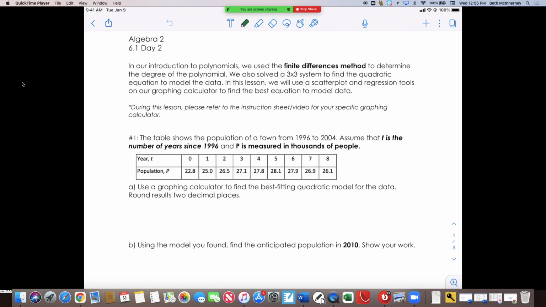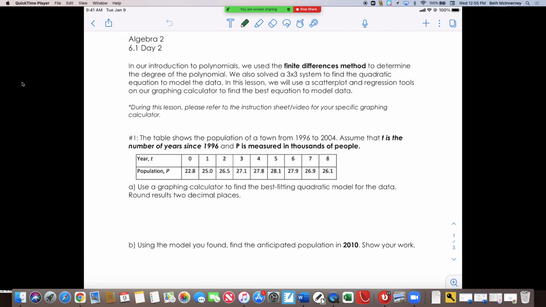So here's number 1. The table shows the population of a town from 1996 to 2004. Assume T is the number of years since 1996, and P is measured in thousands of people. So let's pause a moment and make sure we understand our table.